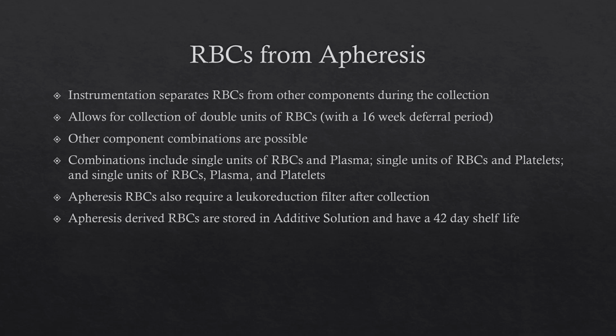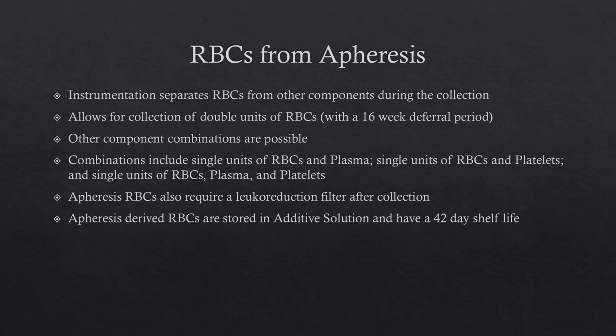RBCs can also be collected with an apheresis procedure. You get to skip all of the spinning and separating during post collection. That happens actually on the apheresis instrument. The advantage here is that you can collect a double unit of RBCs with a longer deferral period.